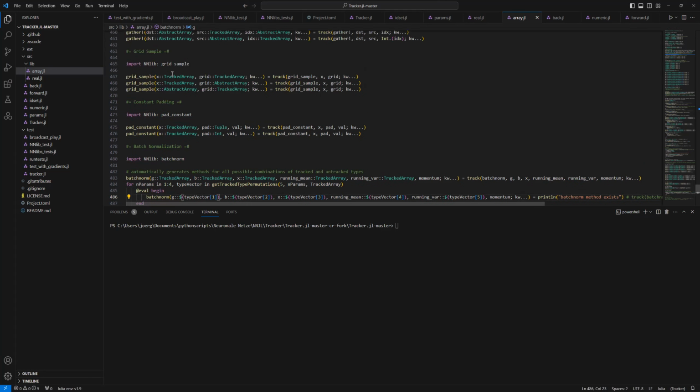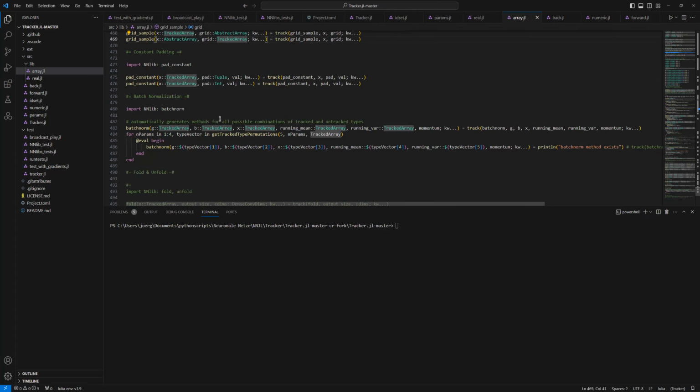Yeah, essentially, here we have all combinations of tracked and untracked arrays, and for batch norm we have 5 array inputs here, and that results in 31 methods, I think, when we cover all possible permutations or combinations.